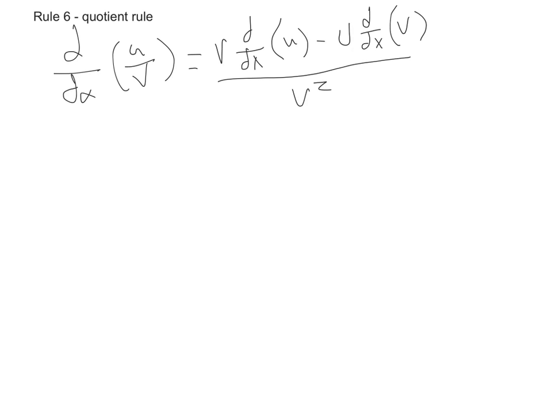Order makes a difference. If you start by taking the numerator times the derivative of the denominator minus denominator times derivative of the numerator all over the denominator squared, you'll be wrong every time. It's got to be bottom times the derivative of the top minus the top times the derivative of the bottom all over the bottom squared.